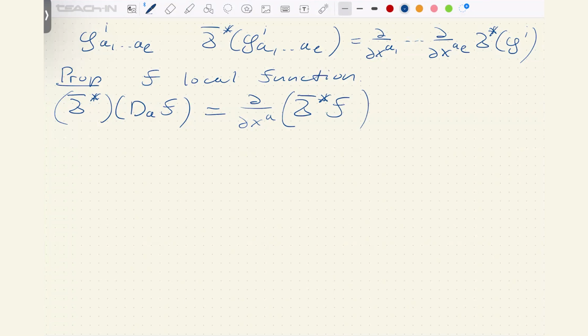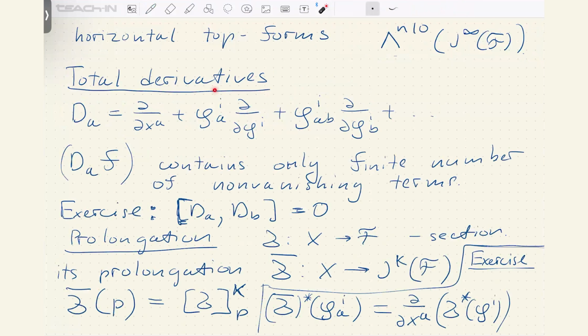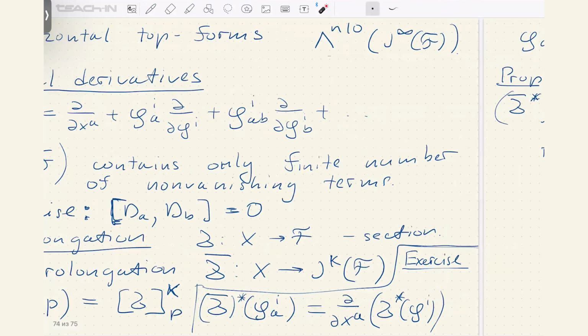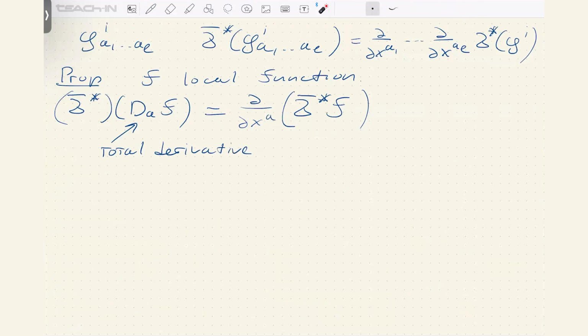This also explains the name, why this is total derivative, because if we evaluate it on a concrete field configuration, which means on a concrete section sigma, it becomes a real total derivative. But of course, this total derivative in the sense of jet bundle is just a locally defined vector field, a first order differential operator, which is given by this expression. Okay, and now we can actually give a nice definition of local functional.